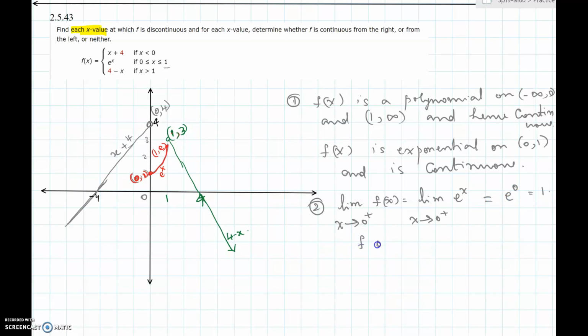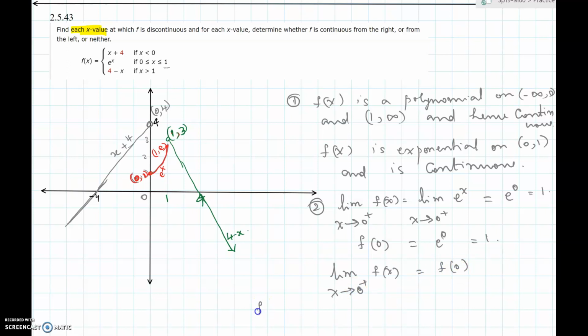And what is f at 0? f at 0 is also e to the 0, which is equal to 1. So it is actually right continuous at 0, because the limit as x approaches 0 plus of f of x is the same as f of 0.